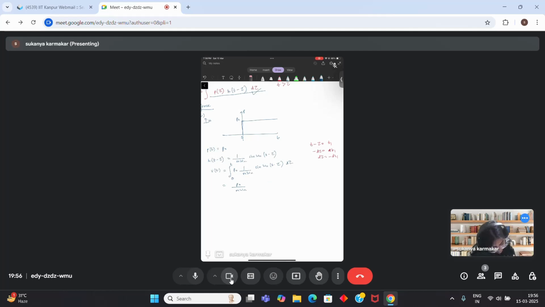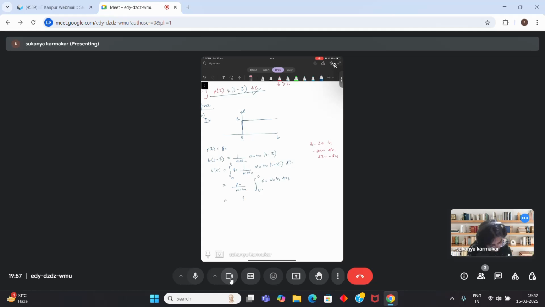So if I substitute it here, it will be sine of omega n t1, with minus dt1. When tau is equal to 0, t1 is equal to t, and when tau is equal to t, t1 is equal to 0.